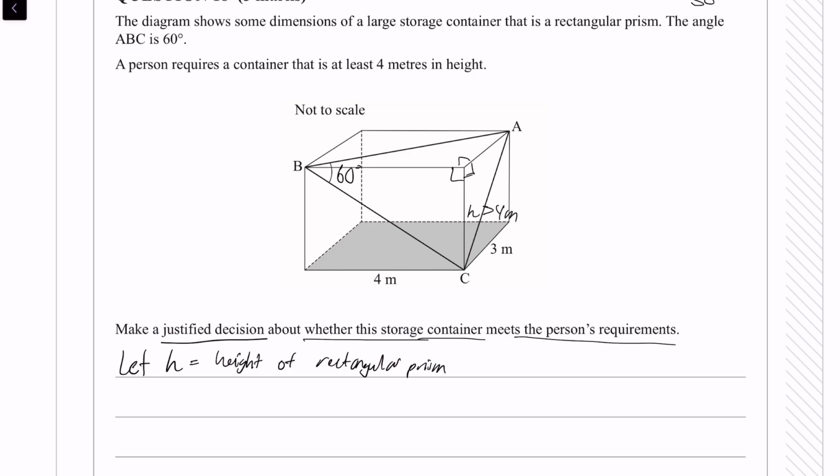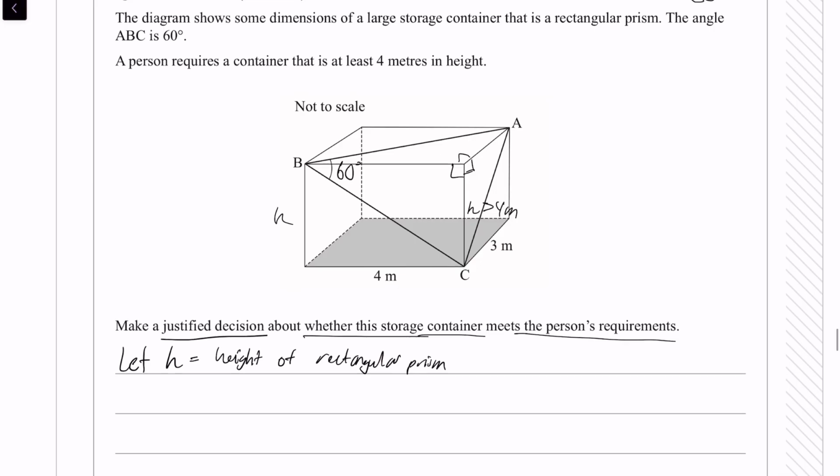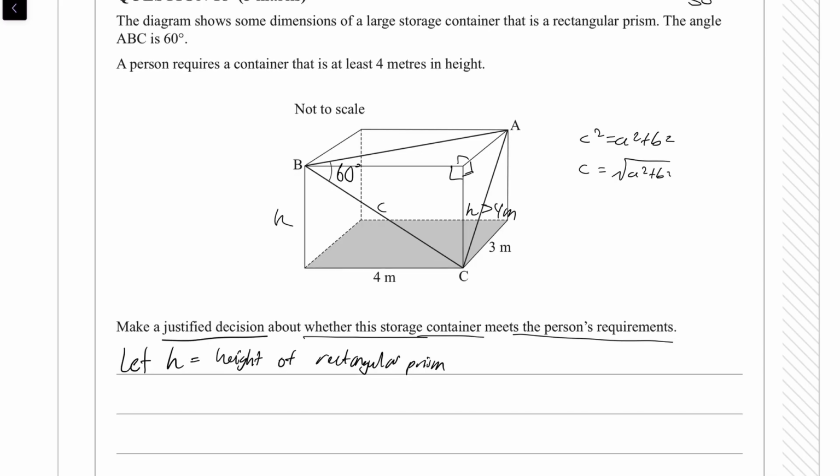And so we can use Pythagoras' theorem to figure out that BC is going to be, we know that the height here is going to be the other length, and so the hypotenuse is going to be C. In our formula, C squared equals A squared plus B squared, so C is equal to the square root of A squared plus B squared. So we know that the BC length is equal to the square root of those two sides squared and added together. So 4 squared plus h squared, which we know is going to be simplified to 16 plus h squared.